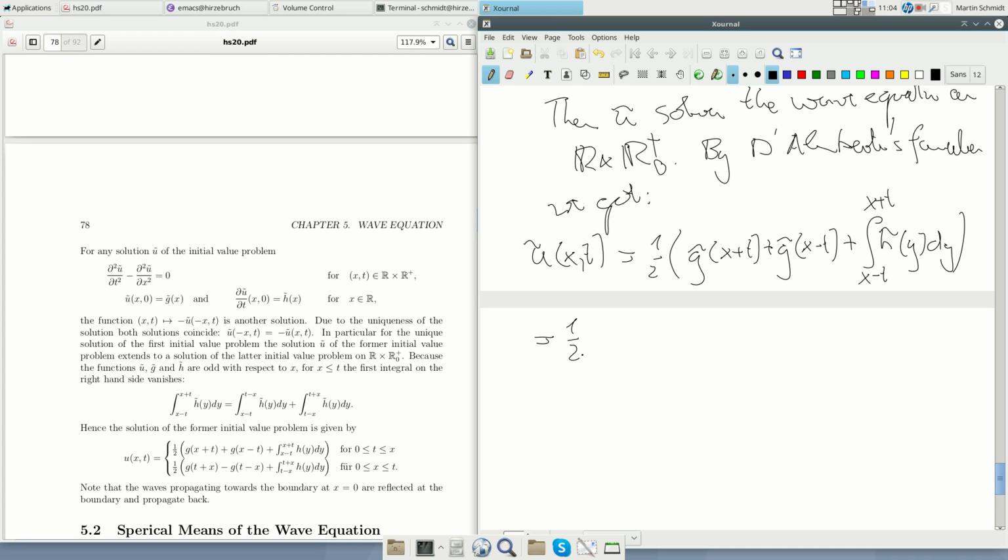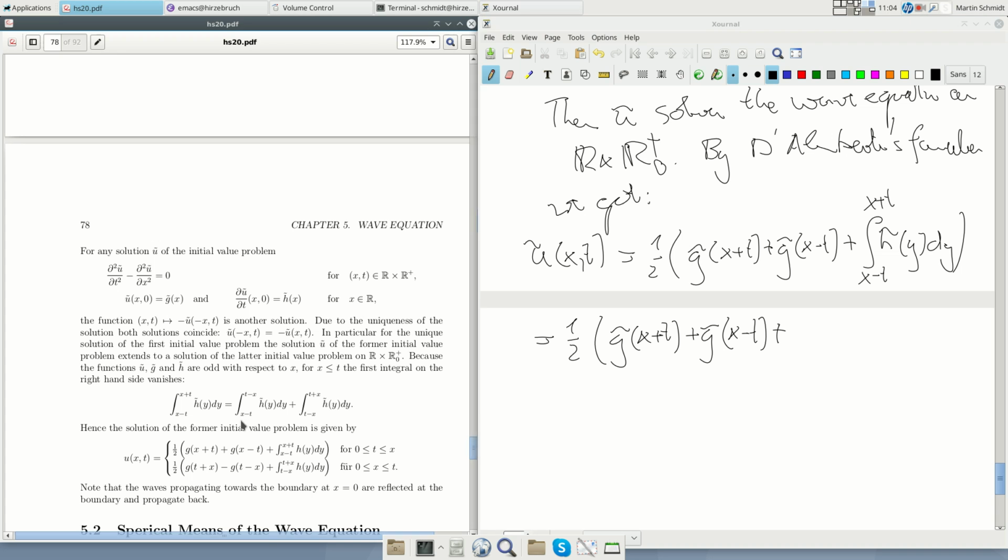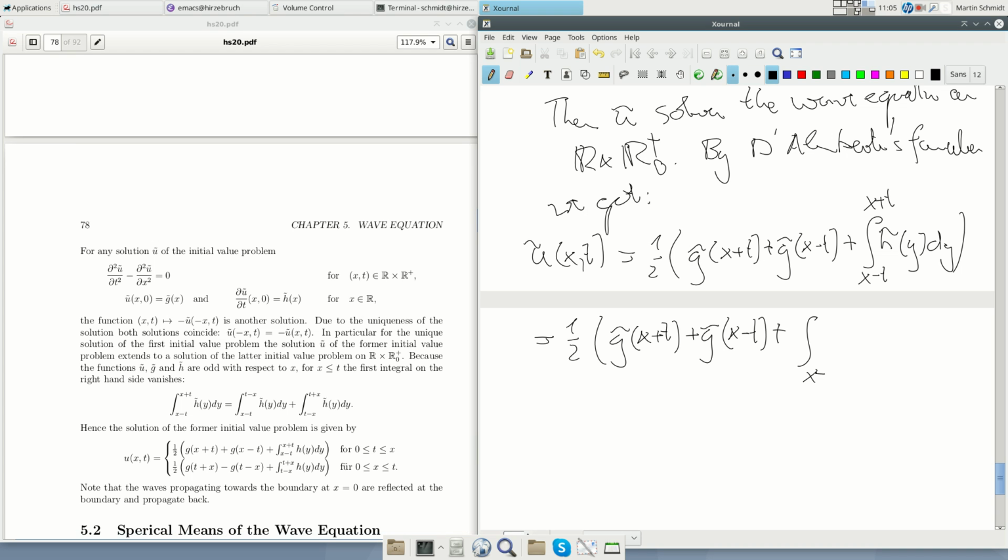So we get 1/2 g tilde of x plus t plus g tilde of x minus t, and now we split this integral as an integral from x minus t to t minus x of h tilde of y dy plus integral from t minus x to t plus x of h tilde of y dy.